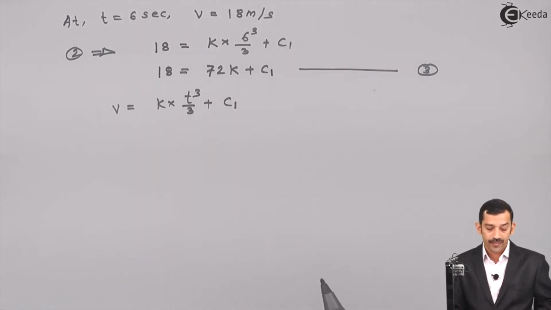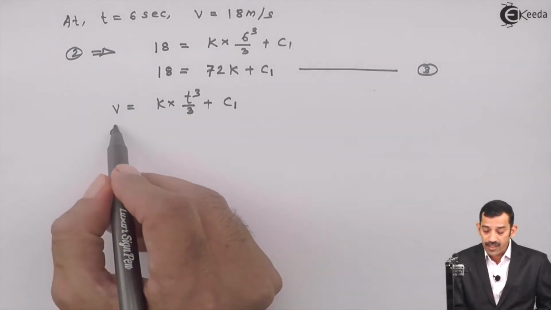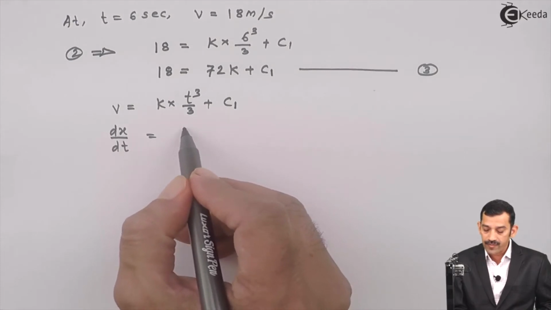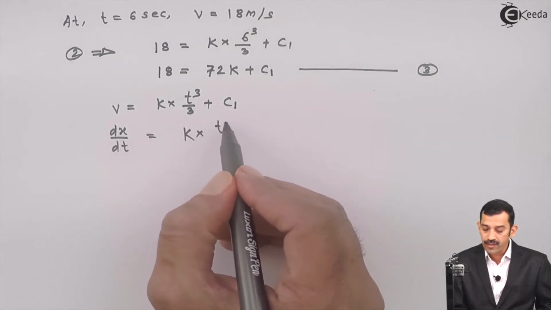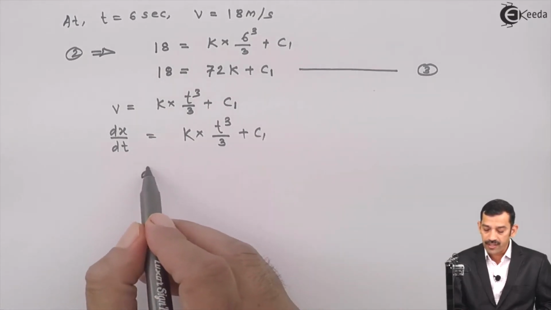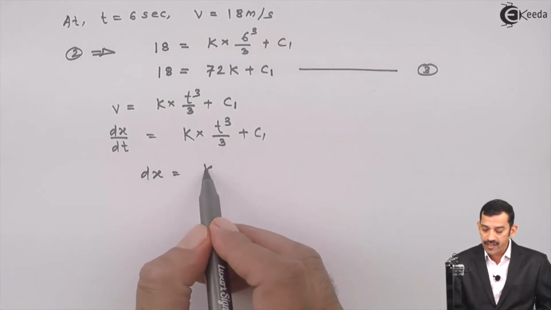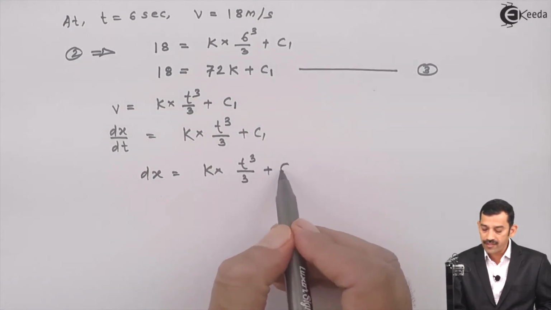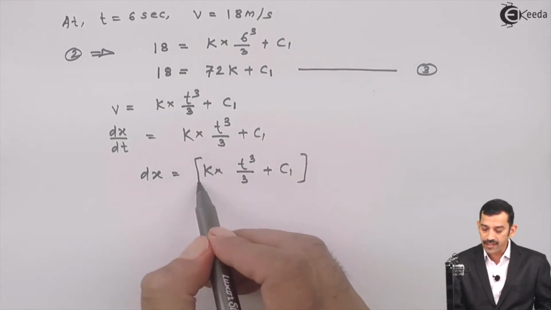Therefore v equals dx by dt equals k into t cube by 3 plus c1, that means dx equals k into t cube by 3 plus c1 dt.